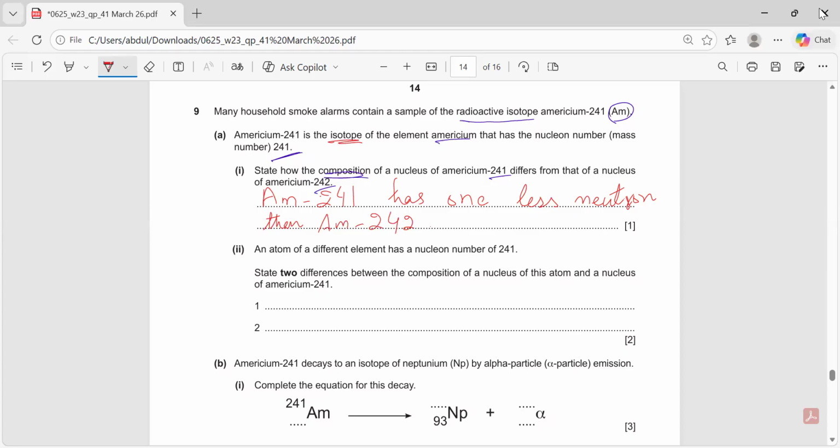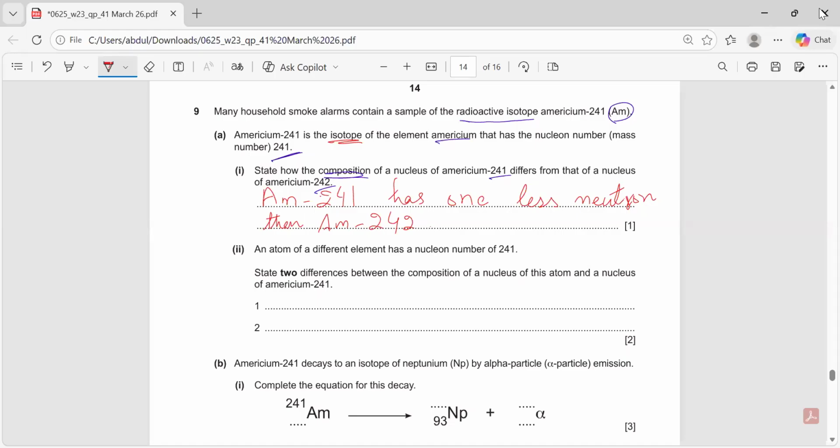Now, one is americium-241, the other is americium-242. So what will be the difference? The number of neutrons will be different. Americium-241 has one less neutron than americium-242. Very simple, straightforward, but you have to concentrate and understand it well to answer.